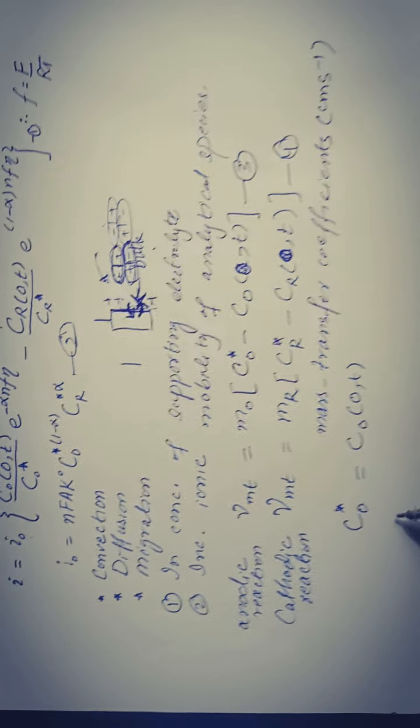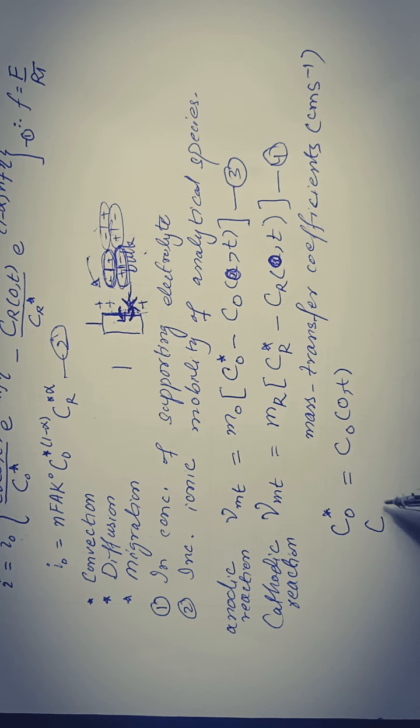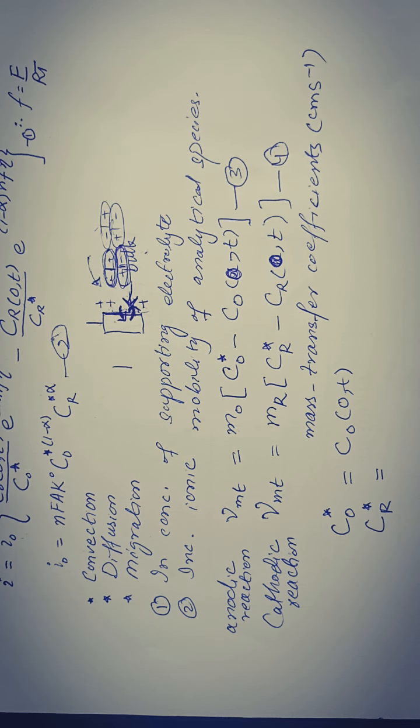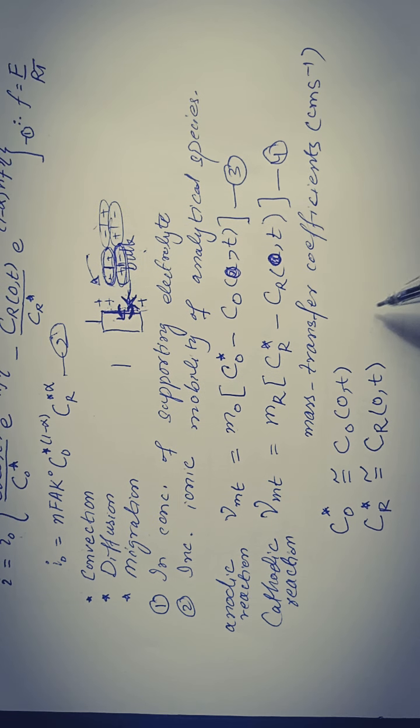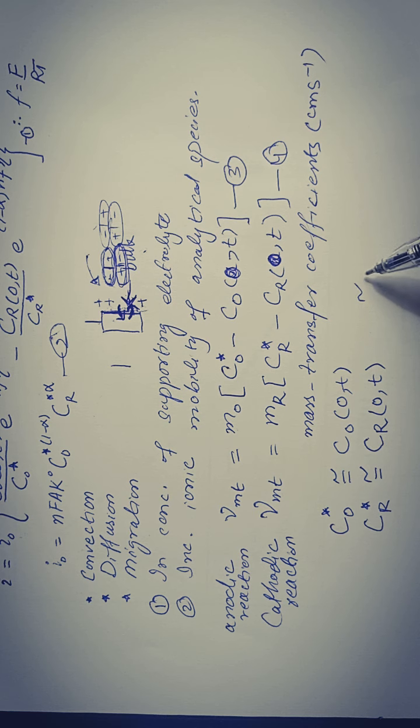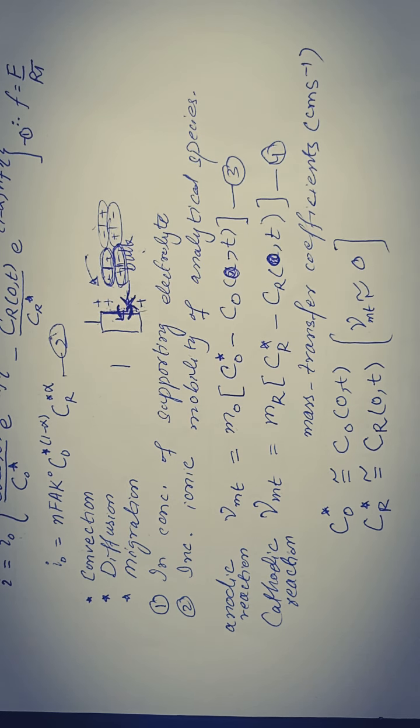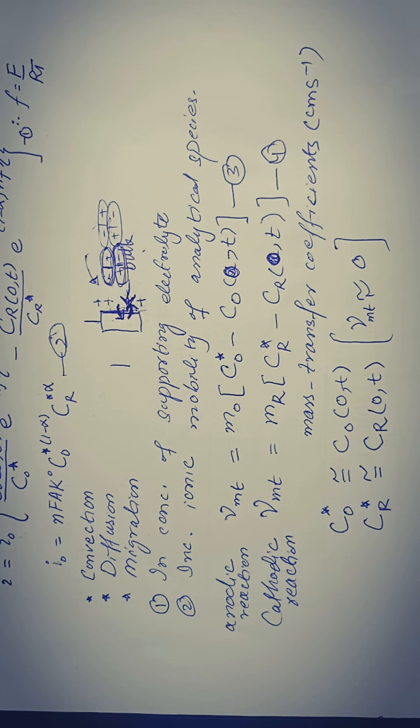Similarly, the concentration of the reduced species within the bulk must be equal to the reduced form of the analyte at the surface of the electrode. These are for the case of nearly zero rate of mass transfer processes.